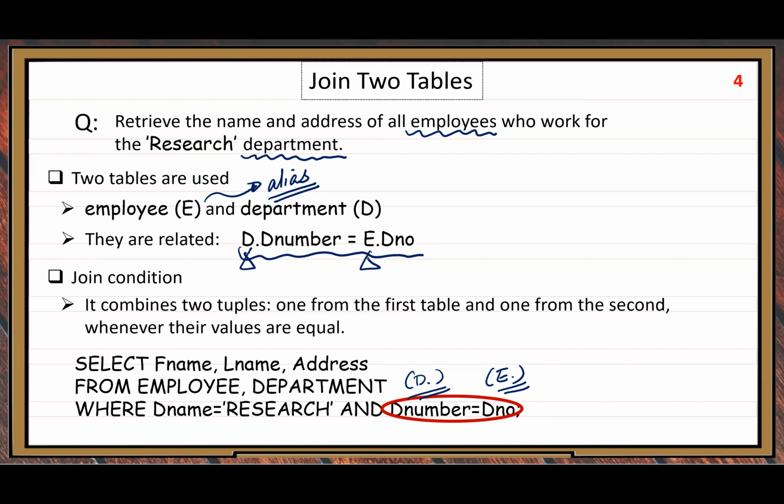This one, we have a name for it. D number equals Dno, this condition, we call it join condition, because when we apply this condition, we can join two tuples. Then this one, we call selection condition.